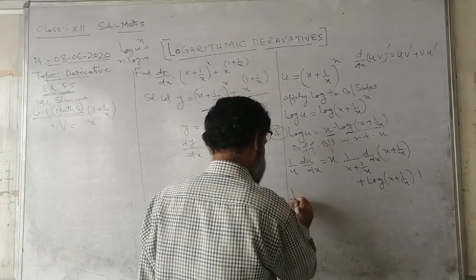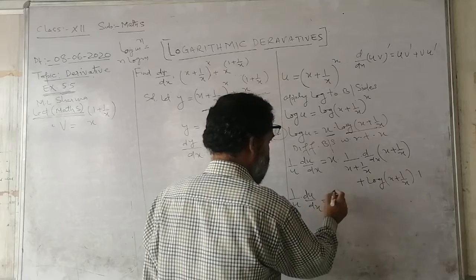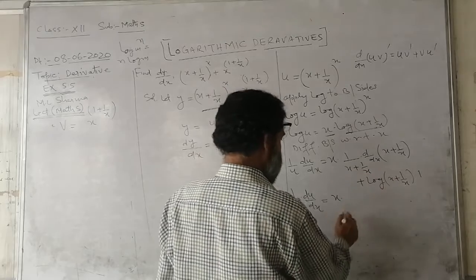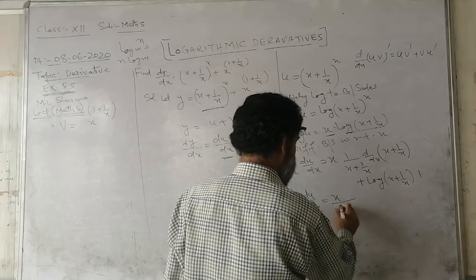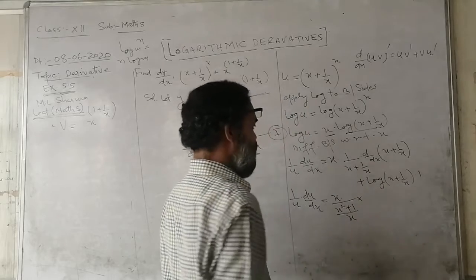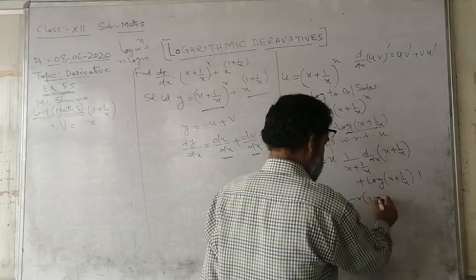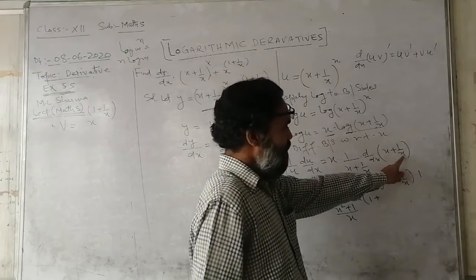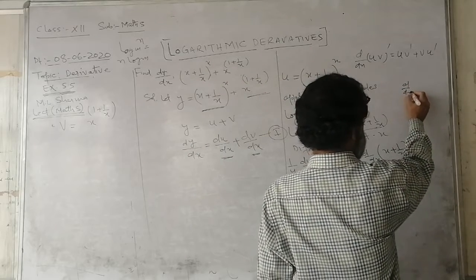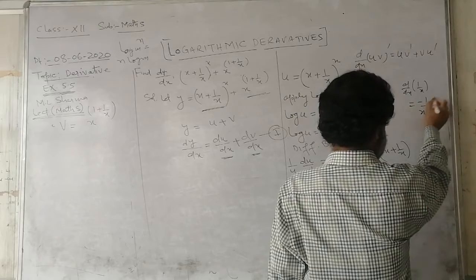So I can write 1 upon u du upon dx will equal x here. If I take LCM here, so I will have x square plus 1 upon x here, and derivative of x is 1, and derivative of 1 upon x is minus 1 upon x square.